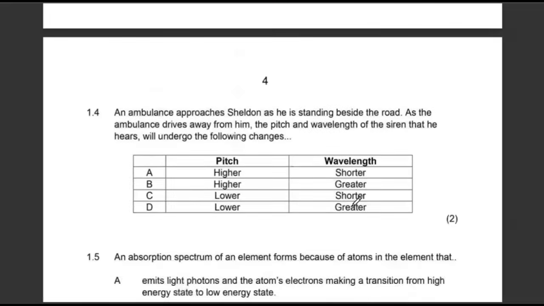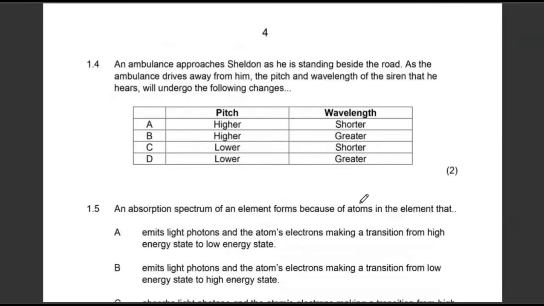And then 1.4, they're telling us that an ambulance approaches a person standing beside the road. As the ambulance drives away from him, the pitch and the wavelength of the siren that he hears will undergo the following changes. We know that pitch refers to how high or how low the sound note is.